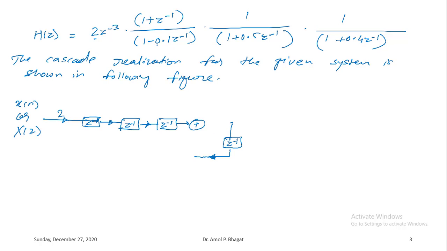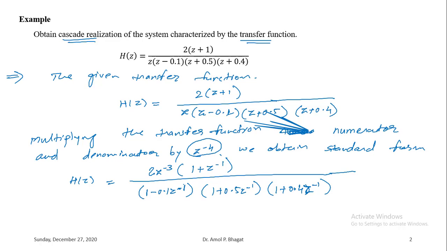So in the denominator we have this minus 0.1, so instead of minus 0.1, that coefficient will be simply 0.1, that will be fed back here, then it will be added in this term. Okay, and similarly this numerator will be realized.